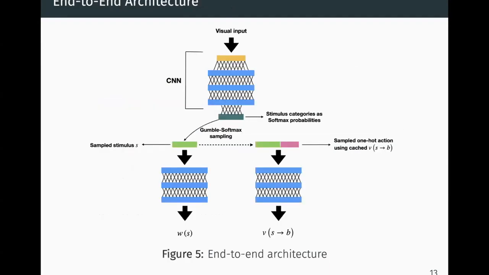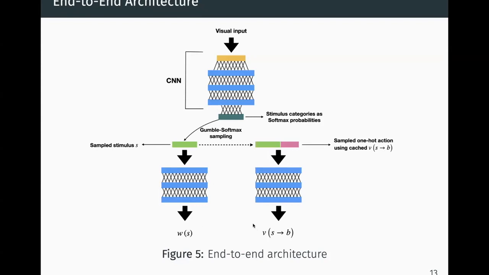And I've been told I need to speed up. But what we did next was try to have an end-to-end architecture. So rather than have the two-step approach where you first train an autoencoder and then cluster that into stimuli, we tried to learn the whole thing in one go, where you have your representation somewhere down the middle of this architecture, and then it branches out.